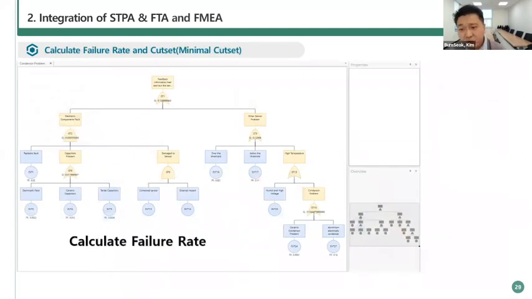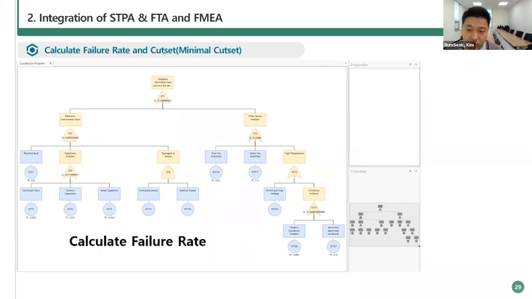After finding the causal factors, you can calculate each component failure rate already defined in various standards such as SN 29500 or IEC 62380 and so on. It gives you the availability of quantitative analysis and the top event failure rate.